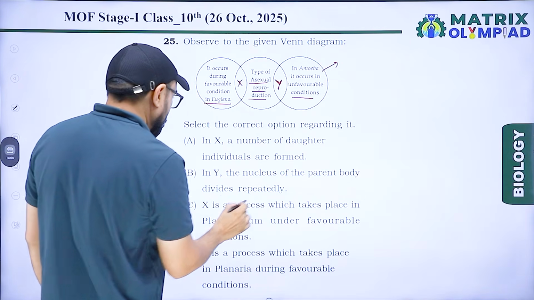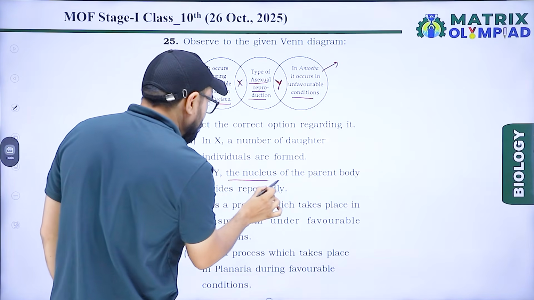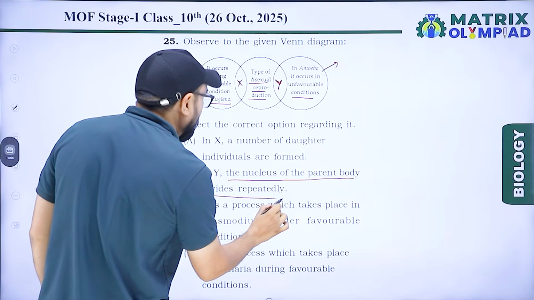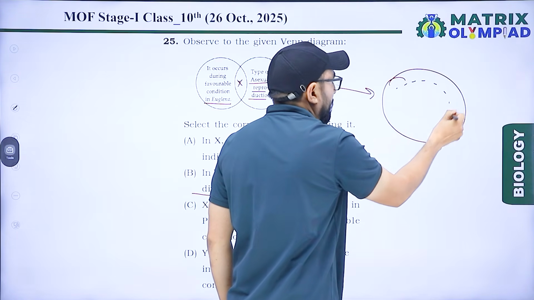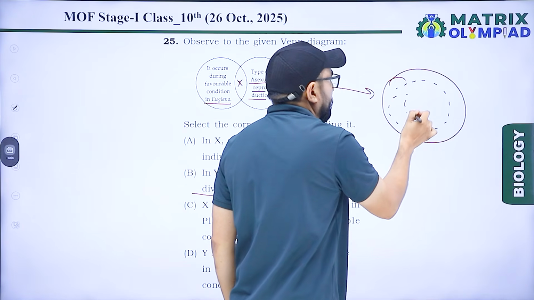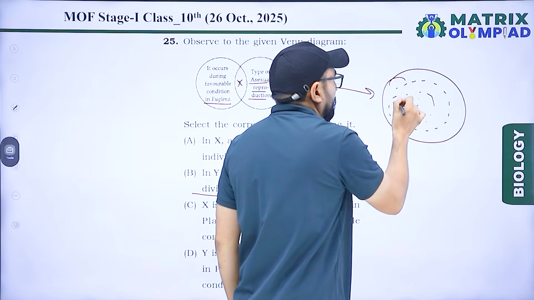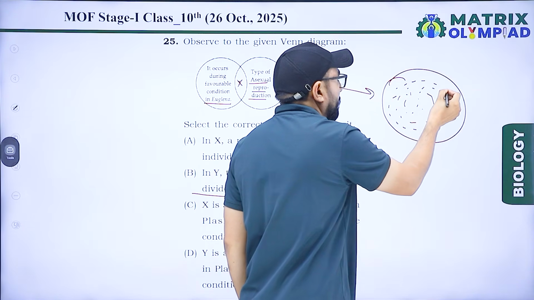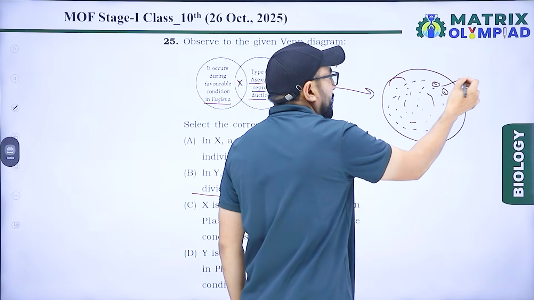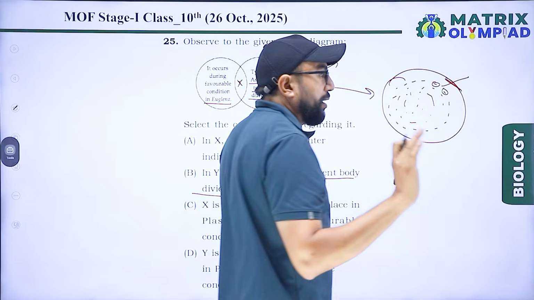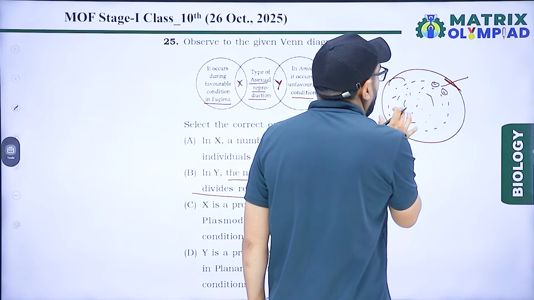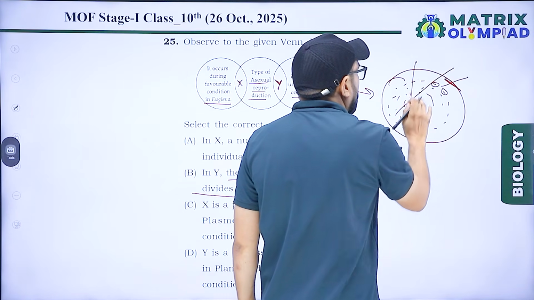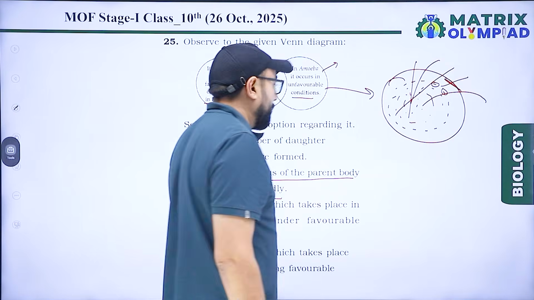In amoeba under unfavorable conditions, the nucleus divides into many and is then covered by cytoplasm, and when conditions are favorable, these tiny amoebae come out of the parent body.